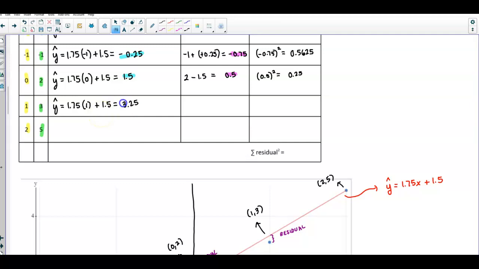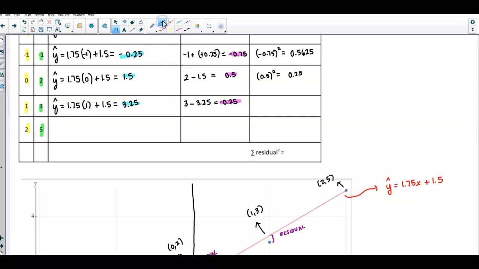Calculating this result gives us 3.25. And again, just so we can highlight it, we know that that represents y hat. So in order to find the residual, we're going to take the y value of 3, and then subtract 3.25. When we subtract that, we get negative 0.25. And as we stated, we should get a residual that is negative.